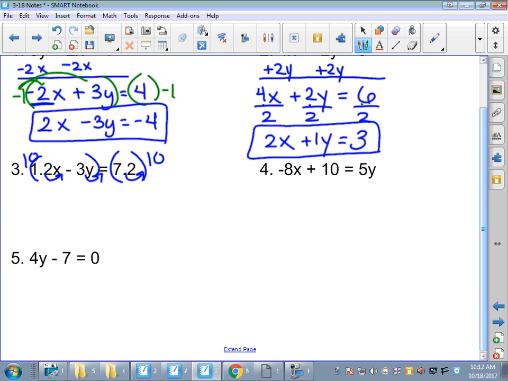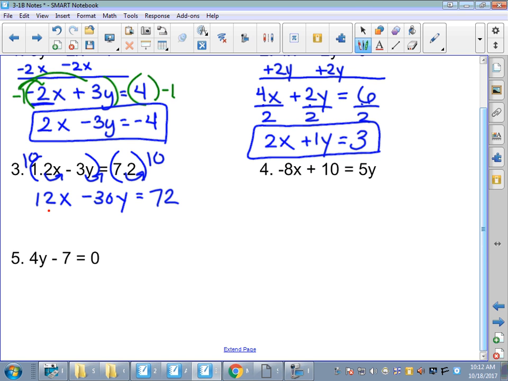So my 1.2x is going to turn into 12x. My -3y is going to turn into -30y. And my 7.2 is going to turn into 72. Now all my numbers are whole numbers. A is positive, B is a whole number, and C is a whole number. But I notice when I multiplied by 10, I made everything 10 times bigger, but I probably could reduce that a little bit.